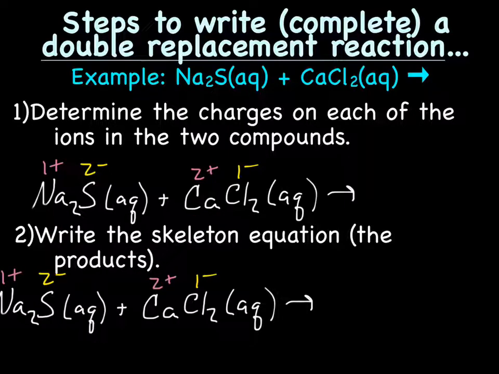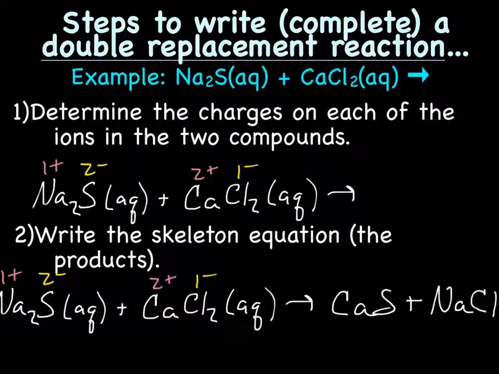Now let's write the skeleton equation, write the products. Supposedly the calcium, Ca, is going to hook up with the S, and the sodium is going to hook up with the Cl. And we can put the charges back. Calcium is a 2 plus, 2 minus, 1 plus, 1 minus.